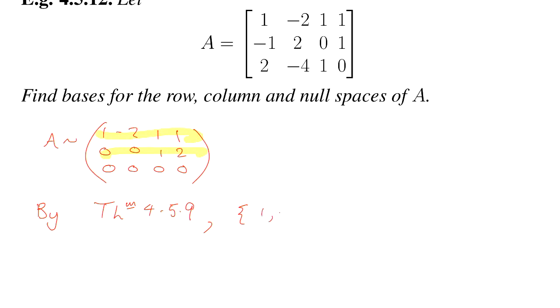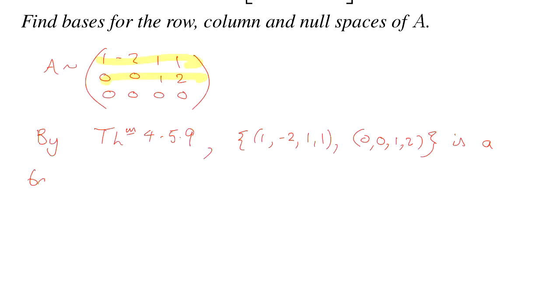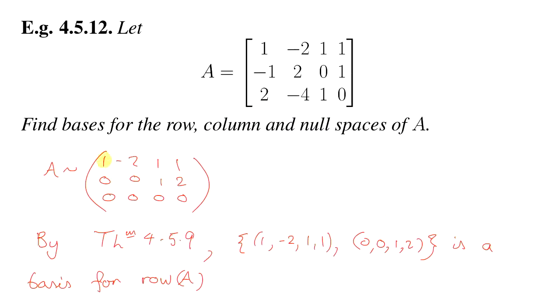So these two rows give a basis for this row equivalent matrix and therefore the row space of A. So (1, -2, 1, ...), (0, 0, 1, 2) is a basis for the row space of A. And I look at who has pivots. The first column has a pivot.